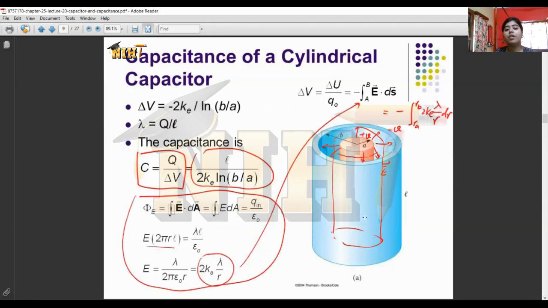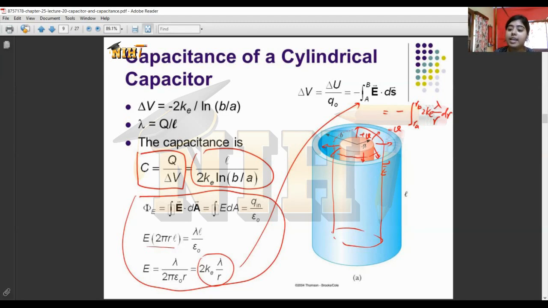Now we will talk about cylindrical capacitance. We have already discussed parallel plate capacitors. Now we will talk about cylindrical and spherical capacitors. If you take two conducting cylinders, here you can see the pink one is a solid cylinder of radius A. Its capacitance is, suppose, C1.